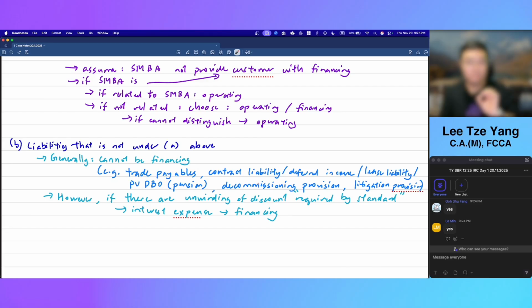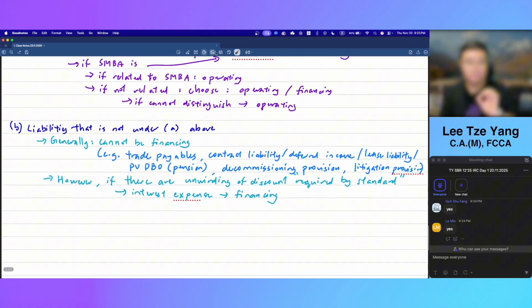Okay, so the example is like what I said: this unwinding of discount, this unwinding of discount. I also want to make it clear to you. For pension, you can have a net pension liability, then we will have finance costs.